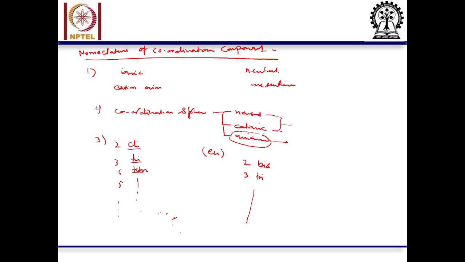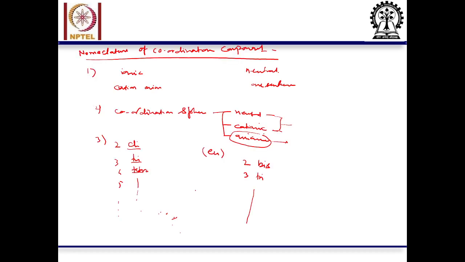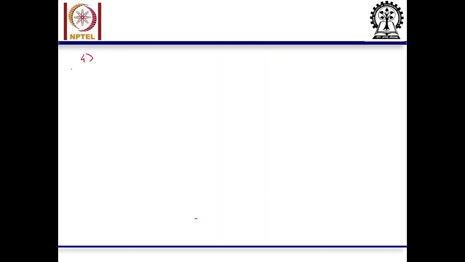So this is regarding the ligand. Now, how will we write the ligands? Rule number 4 is that ligands are written in alphabetical order.